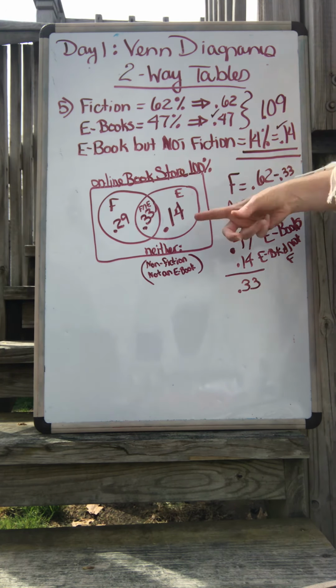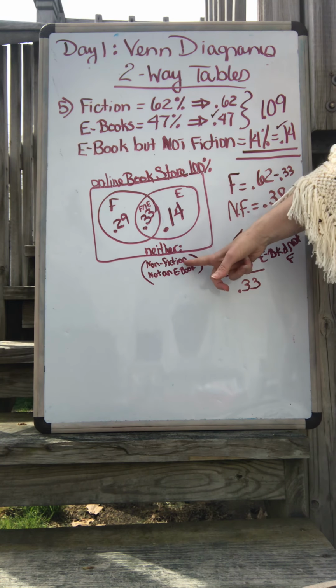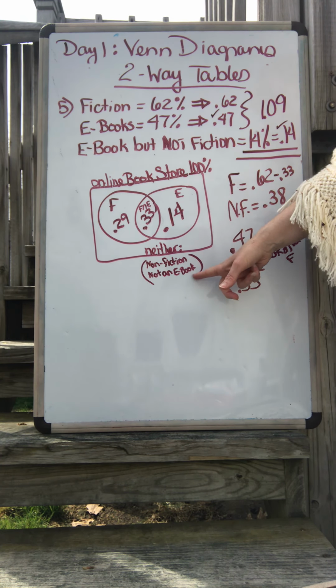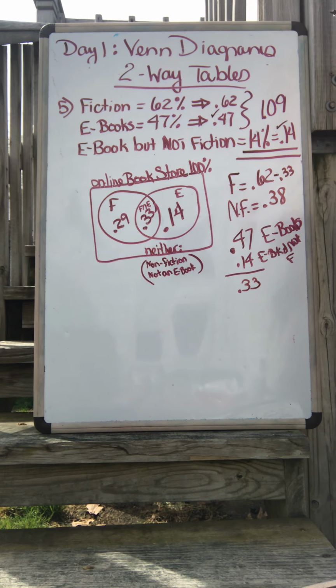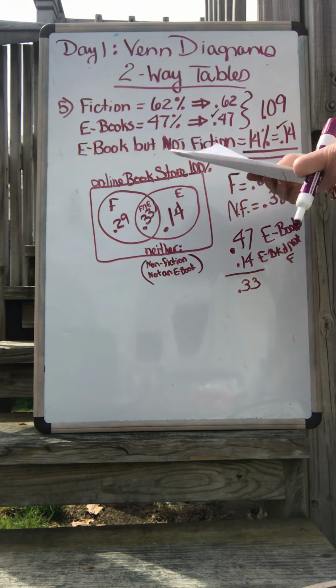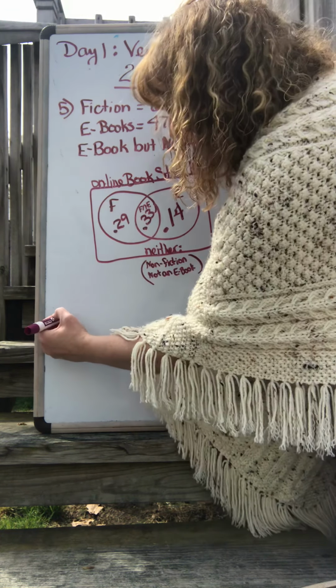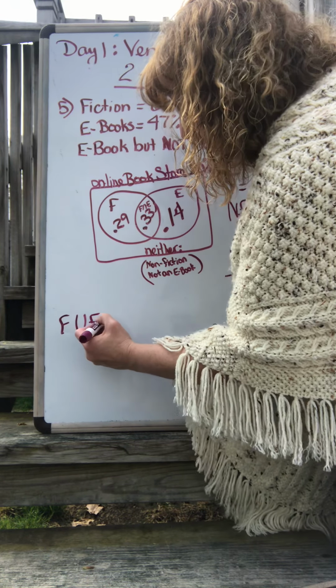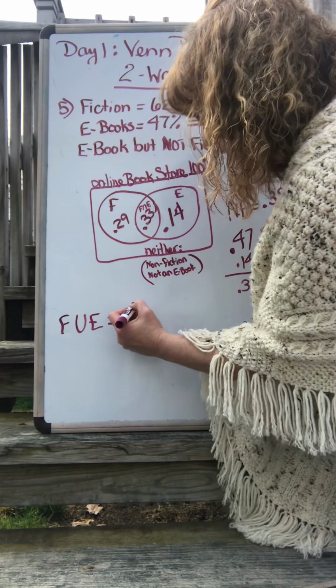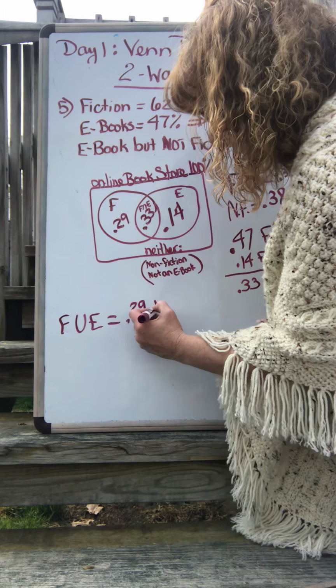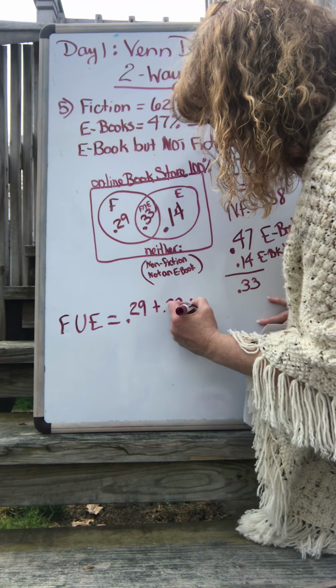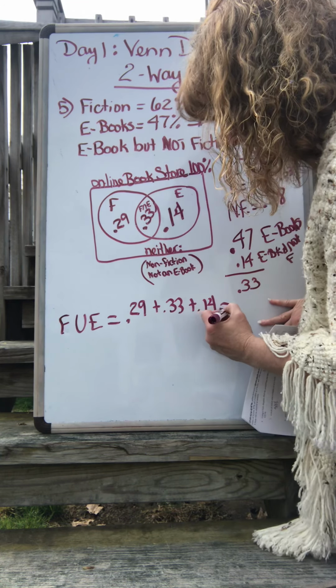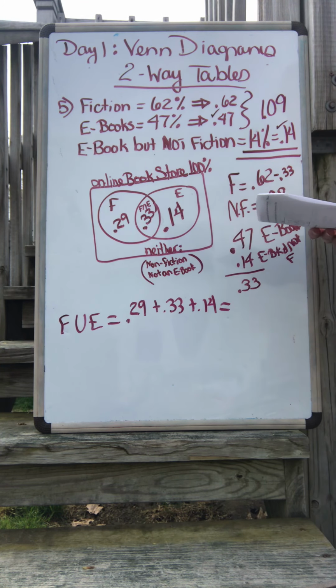So now, how many are nonfiction and not an ebook? Well, now we have to first add up and find out that if we are fiction or an ebook, this would be 0.29 plus 0.33 plus 0.14 from the Venn diagram. And we add all of that up, we are going to get 76%.